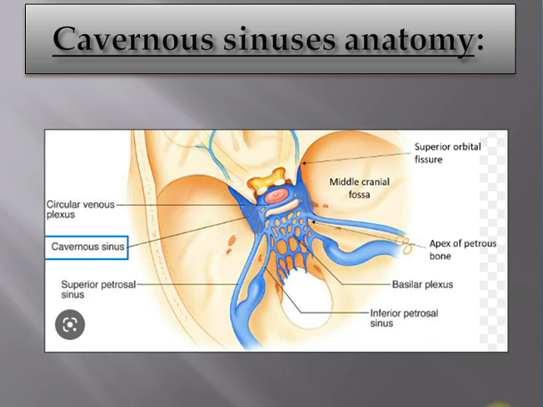Let's look at this slide on cavernous sinus anatomy, where we can find these cavernous sinuses. The cavernous sinuses lie one on each side of the sella turcica, above and lateral to the sphenoid sinuses, with the superior orbital fissure anteriorly and the petrous part of the temporal bone posteriorly. They are trabeculated cavernous spaces created by layers of dura mater and filled with venous blood.